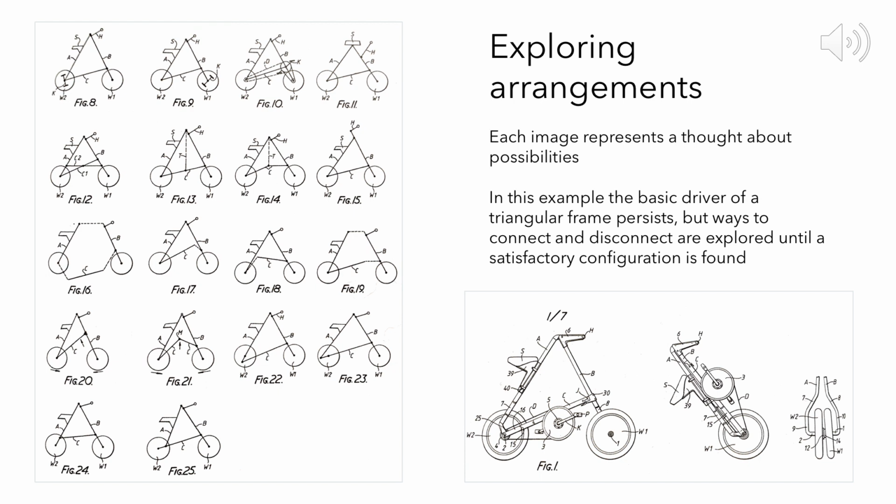And on the right-hand side, what you can see is his final patent design, the idea that he finally arrived at, the configuration. You can see that it's really quite detailed, and being a patent drawing, it has lots of numbers all over it, which correspond to things that he has to describe in the patent about the unique properties of his particular design.